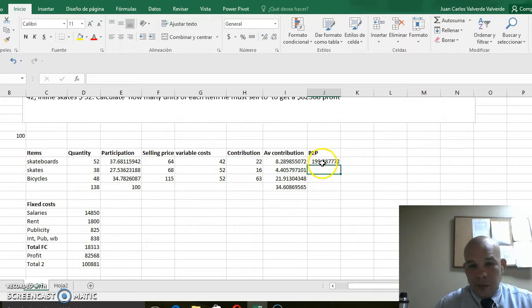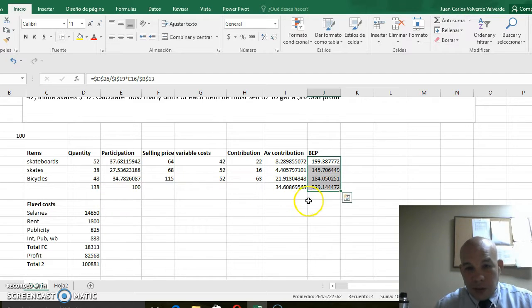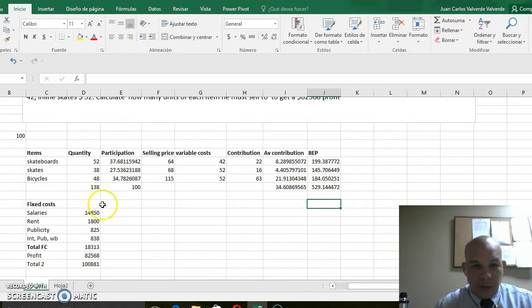Let's copy the formula for the rest. So in total we need to sell 529 items, not 138 anymore. And this is to break even.